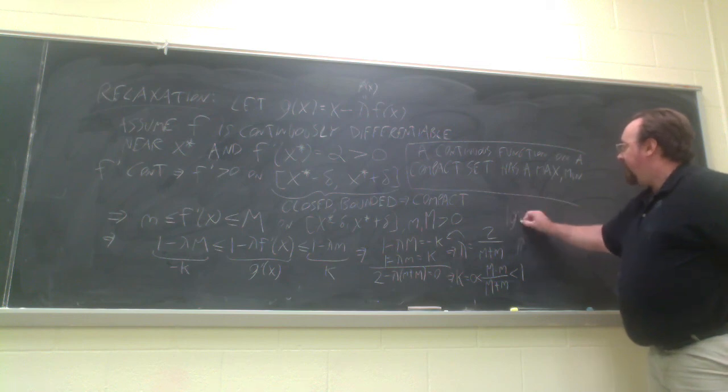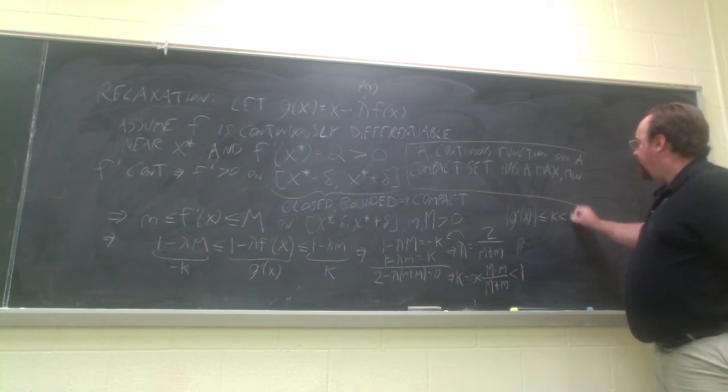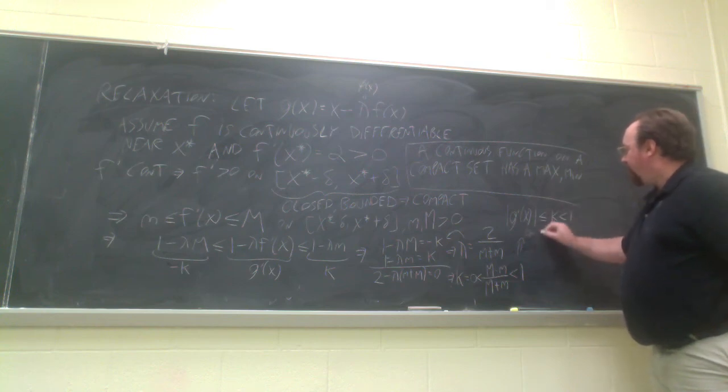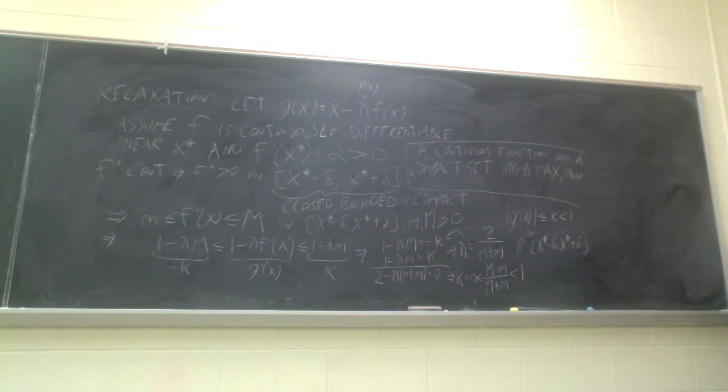So g prime is less than or equal to k, which is less than 1 on this interval, x star minus delta to x star plus delta. We've now ensured that, as long as we pick a small enough interval where f prime is guaranteed to be positive, we can choose this value of lambda that will guarantee the derivative is small enough.